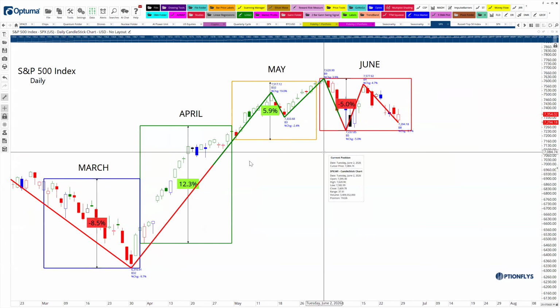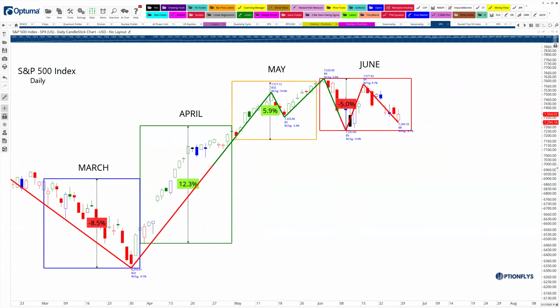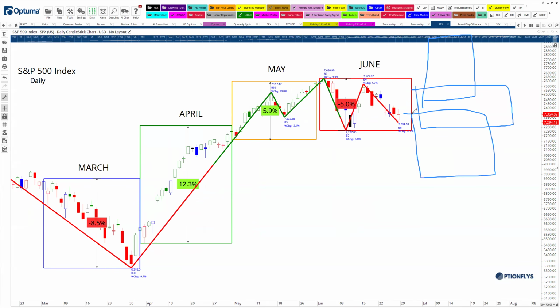Are we going to have this sort of box, or another sideways box, or a lower box? Nobody knows that. That's just our opinion. We're just guessing.